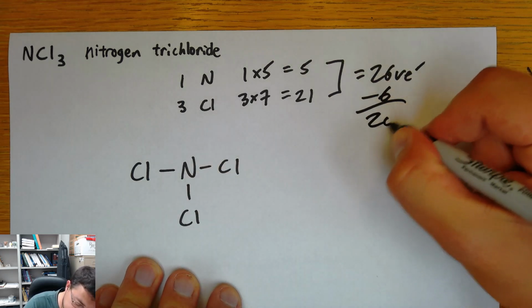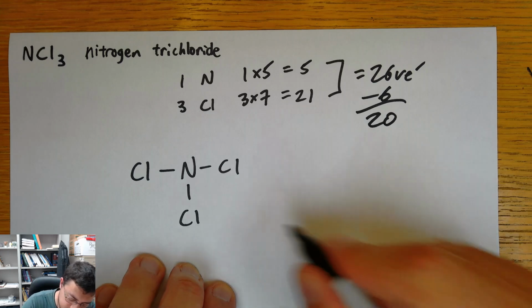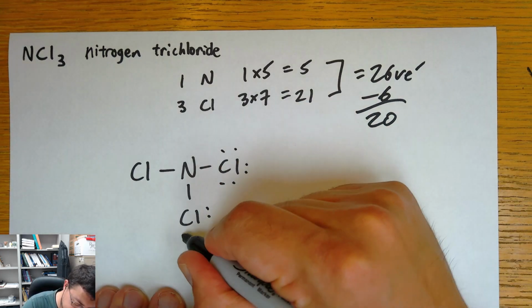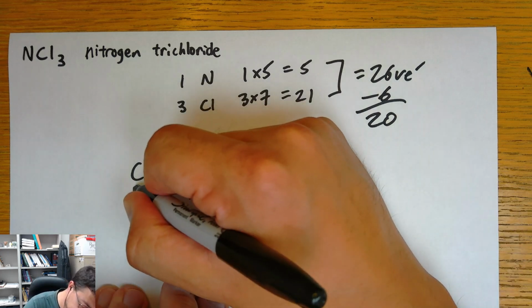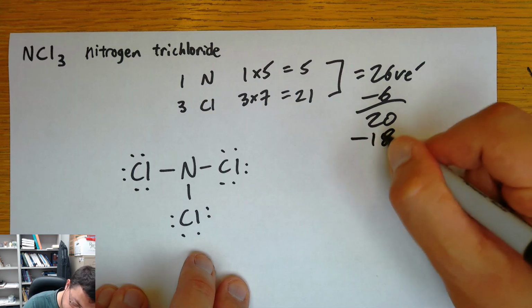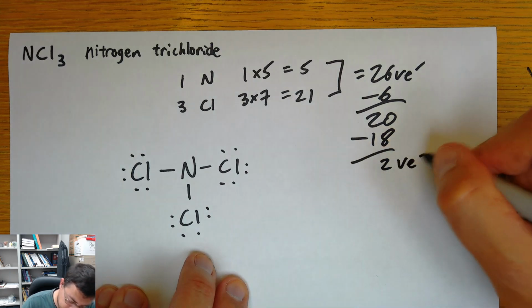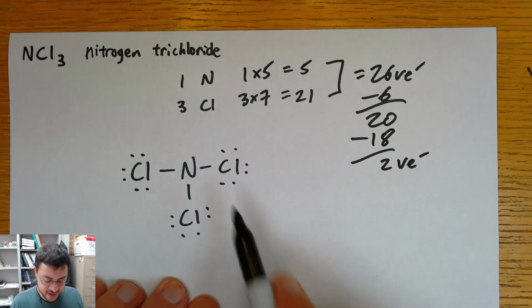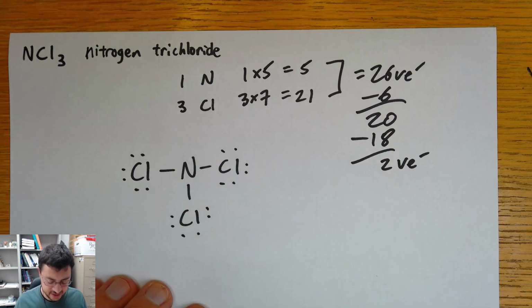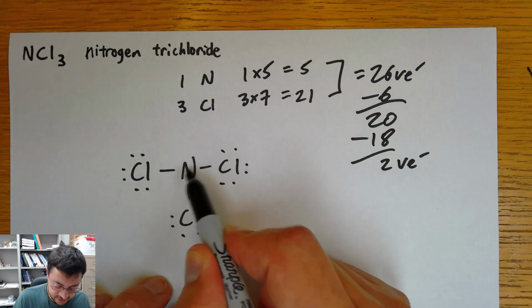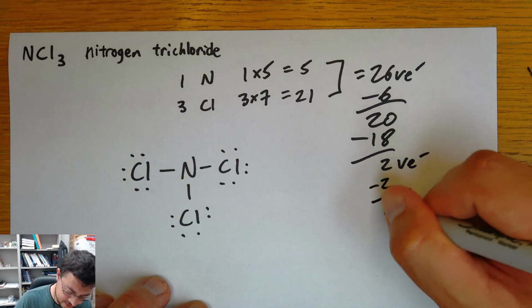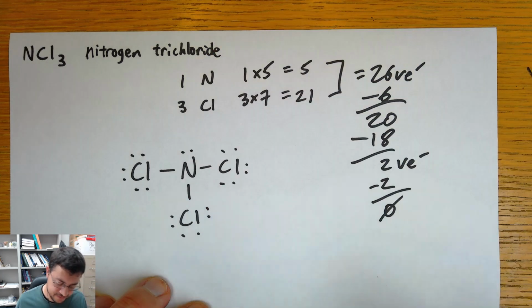I have 20 left. 1, 2, 3, 4, 5, 6, 7, 8, 9, 10, 11, 12, 13, 14, 15, 16, 17, 18. 2 valence electrons left. But we finish all of our octets on the outside. That means look inside. Look at the center. Nitrogen's at 2, 4, 6. It needs those 2 more that we have. Let's spend them. Done.